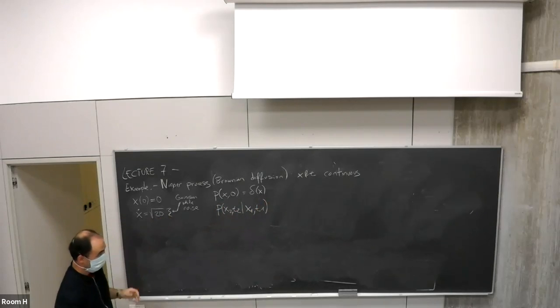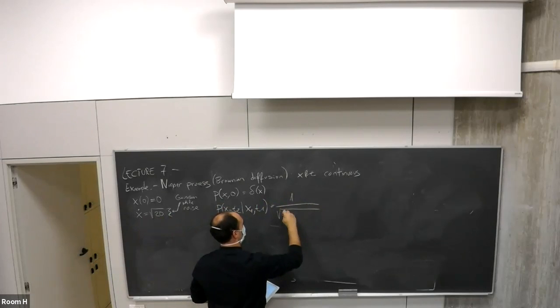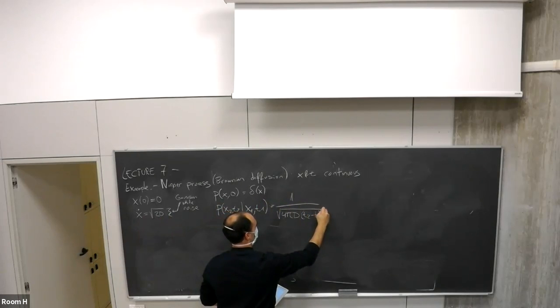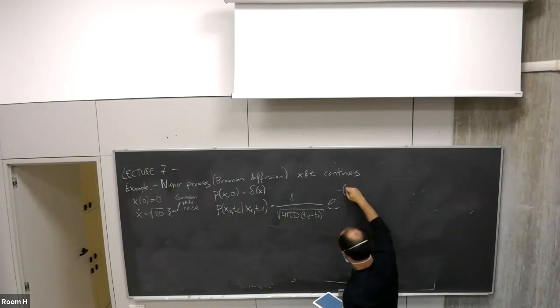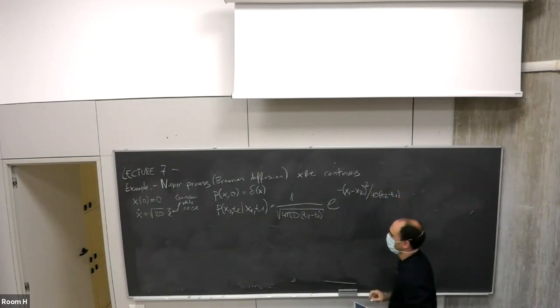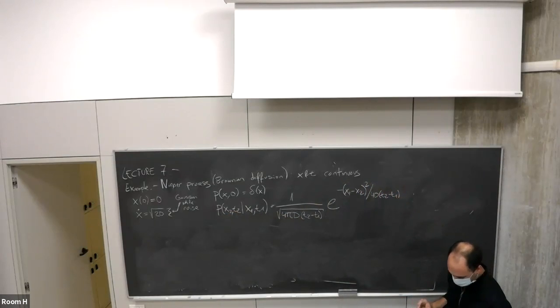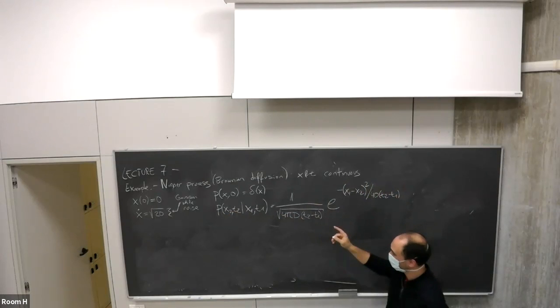For a diffusion, this is a Gaussian: 1 divided by the square root of 4 pi D times the exponential of minus x2 minus x1 squared divided by 4D (t2 minus t1). This means there is a Gaussian distribution. The Gaussian is usually called the propagator. Propagator means it's a conditional probability.